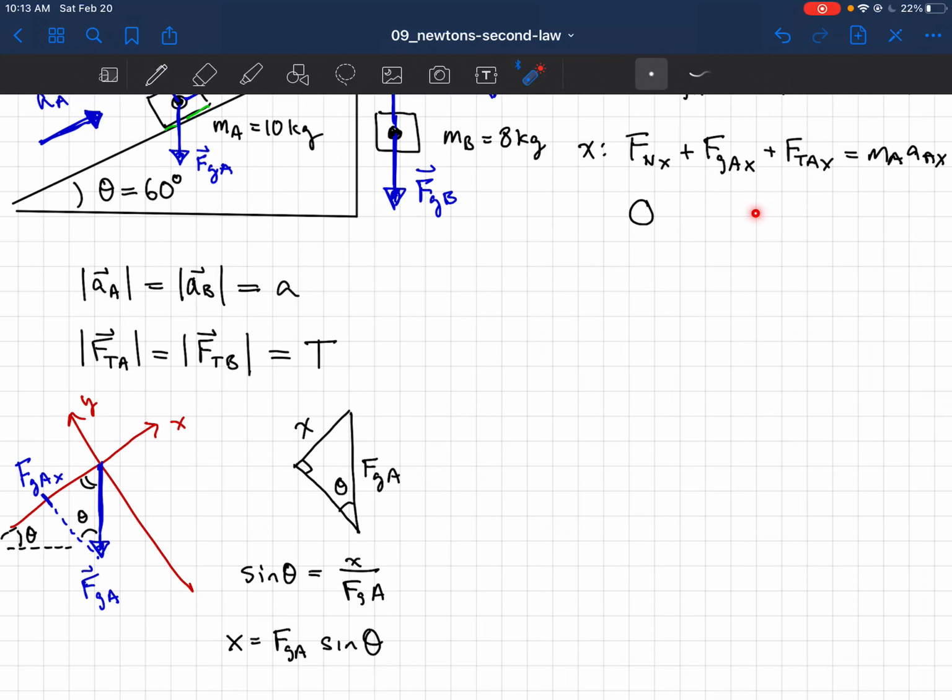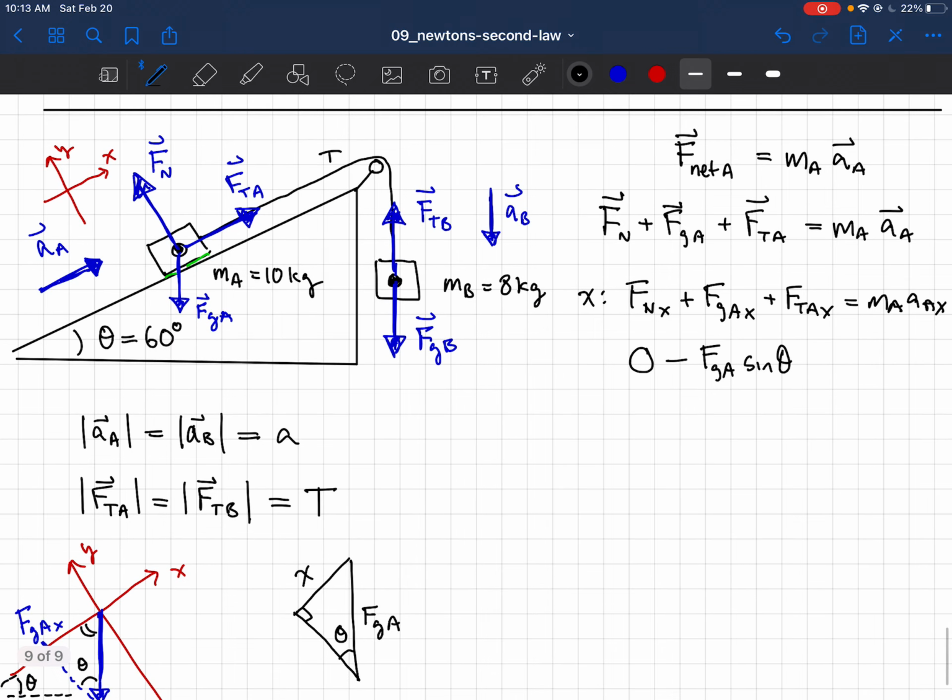Now I'm ready to plug it back into my equation up here. I just need to remember that my tick mark sits on the negative x-axis, so this is going to be minus FGA sine theta. Moving on to the next vector, FTAx. That's an easier one. That points exactly along the x-axis, so we have plus the magnitude of FTA.